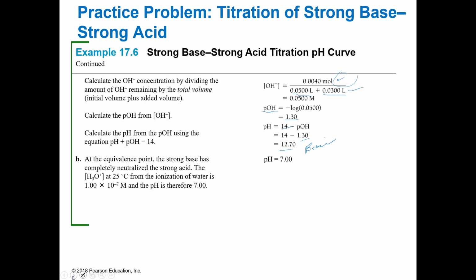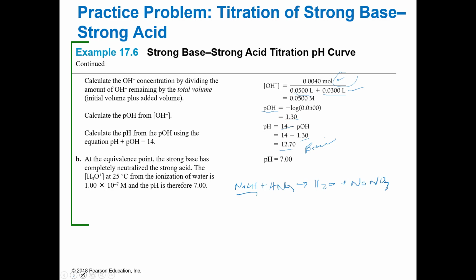All right, at the equivalence point, that's a quick answer, right? At the equivalence point, all of the nitric acid has been consumed. Let's look at it again. Sodium hydroxide reacts with nitric acid to form water plus the neutral salt sodium nitrate.